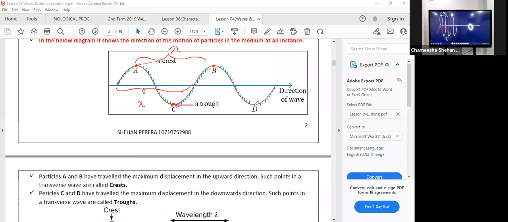The particle at the immediately next trough is also at the maximum downward displacement position, so the distance between these two is also a wavelength. Now, the definition generally provided to you is: the distance between two consecutive crests is a wavelength, and the distance between two consecutive troughs is a wavelength.